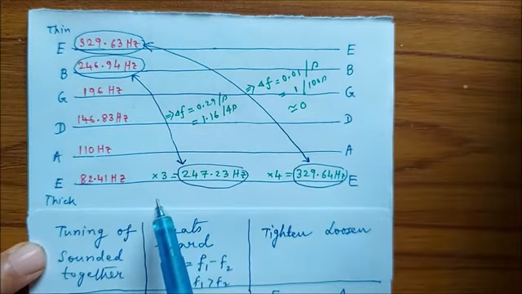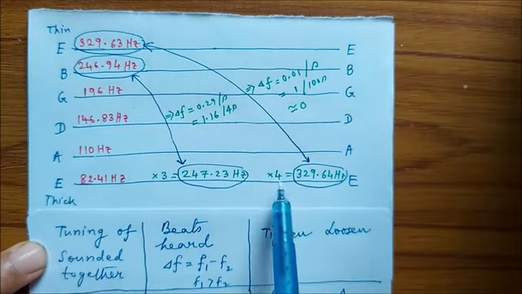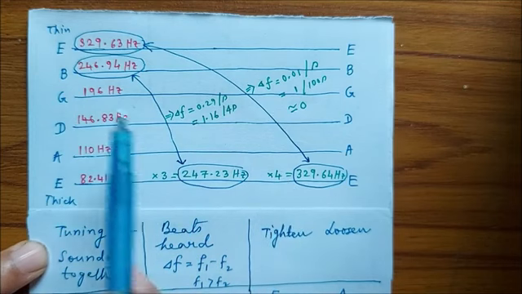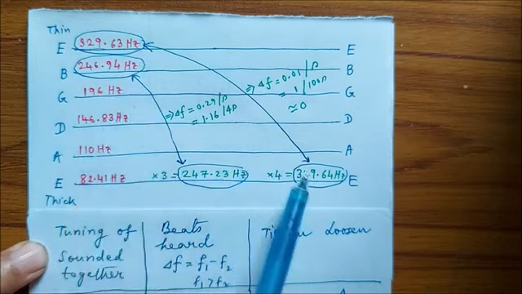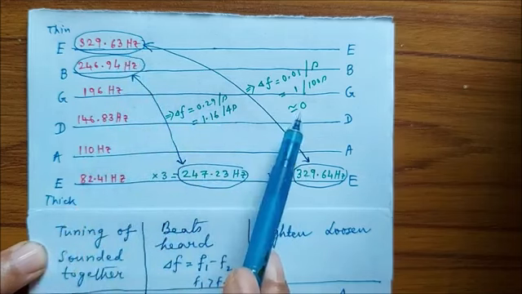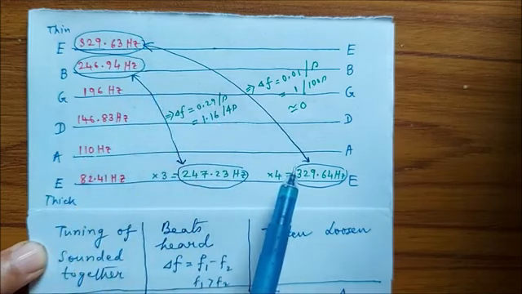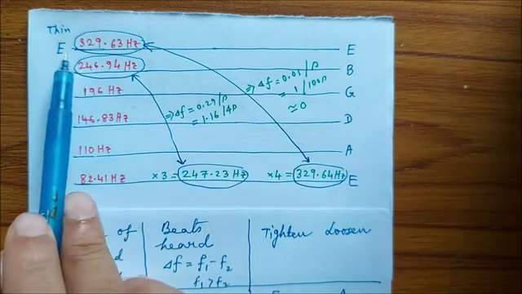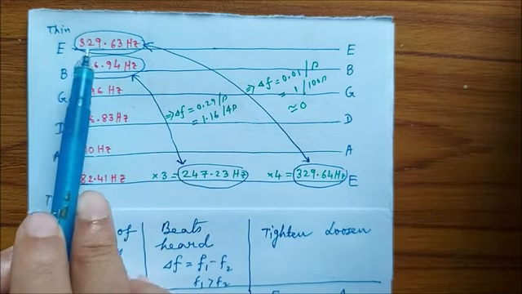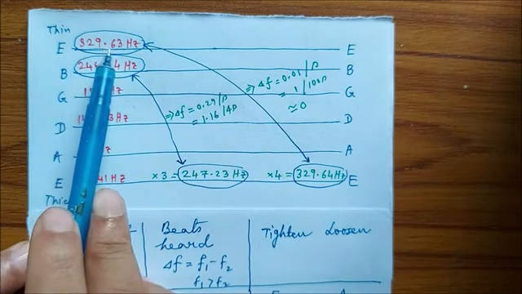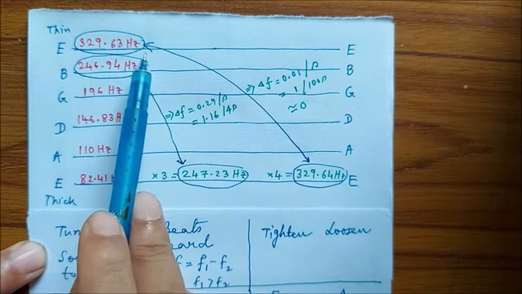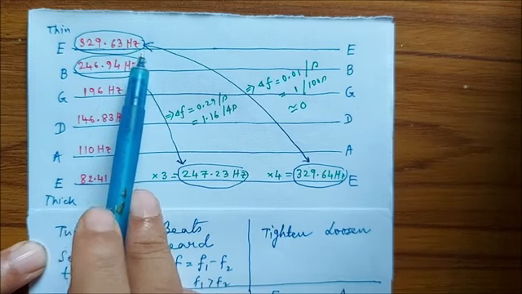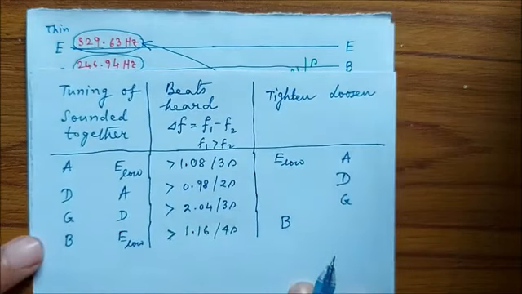And finally we sound E low in its fourth harmonic and high E in its fundamental, and if they are tuned, they should not produce any beats. But if beats are heard, we have to adjust E high, which has slightly lower frequency with respect to this one. So we have to increase it, and that can be done by tightening it. So let us complete the table.